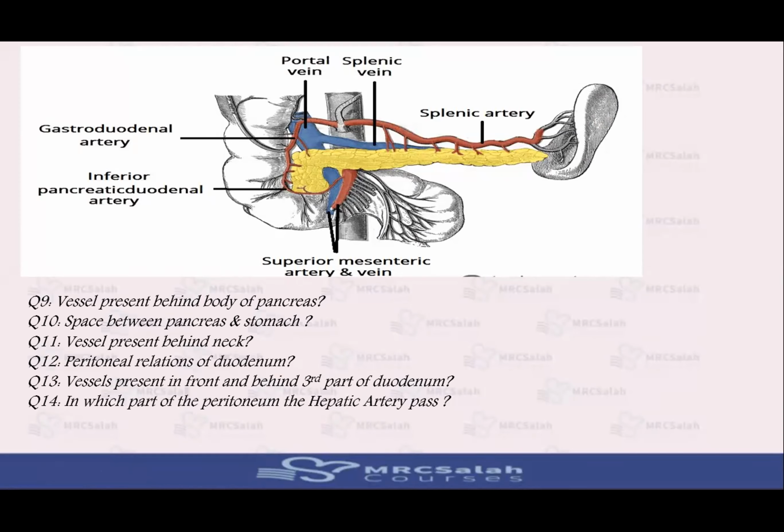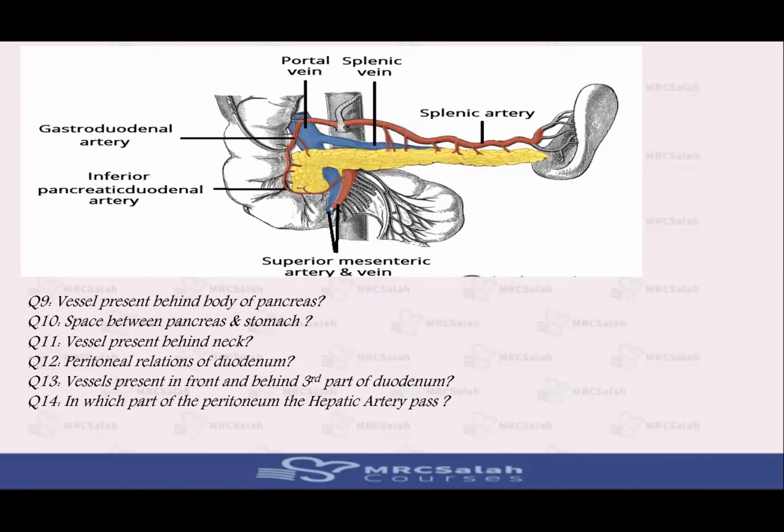It gives the left gastric artery, which supplies the lesser curvature on the left side, and then it gives the common hepatic artery, which gives the gastroduodenal artery that gives the right gastric artery.